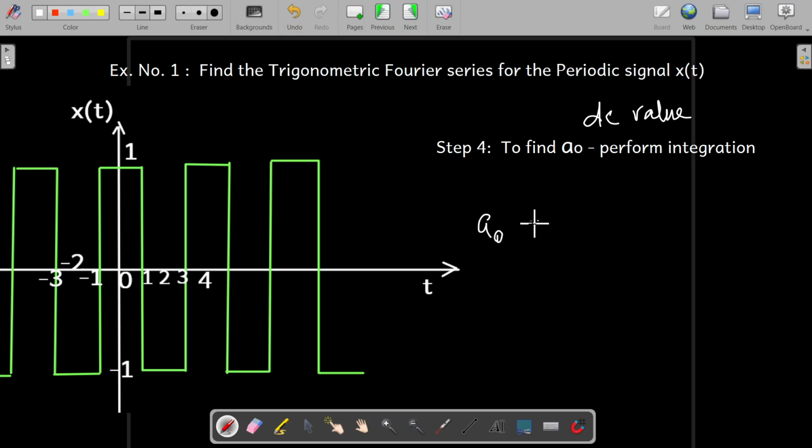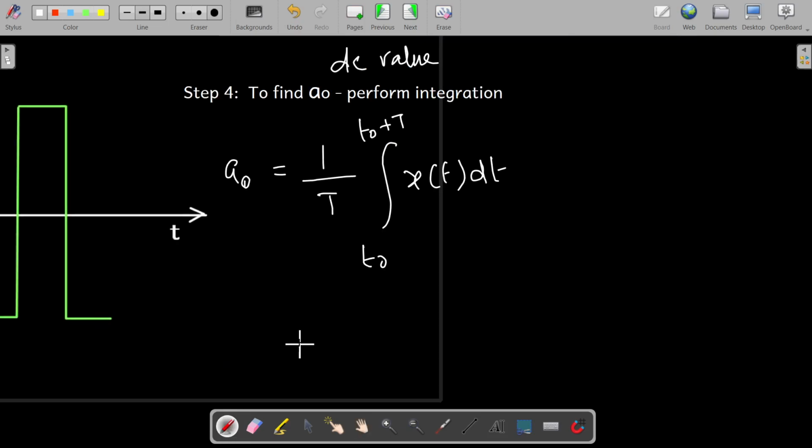For that we have this formula, that is 1 by T integral T naught to T naught plus T x of t dt. So we'll do this integration. So what's the value of this T? For that you can write it as 1 by 4, isn't it? It is 4.